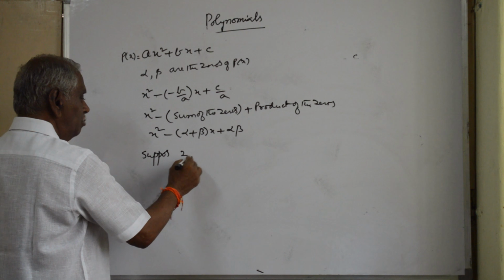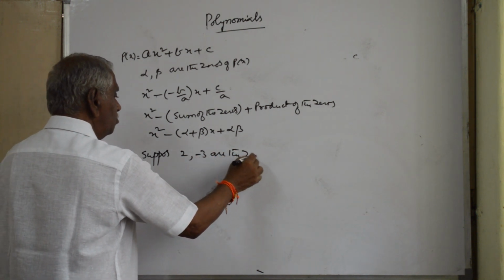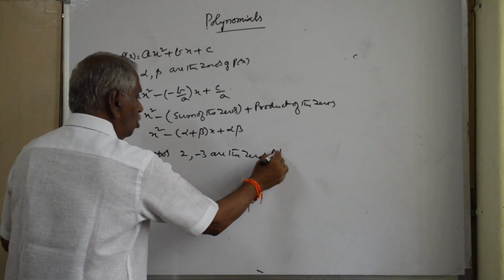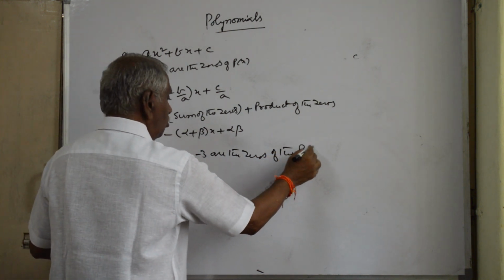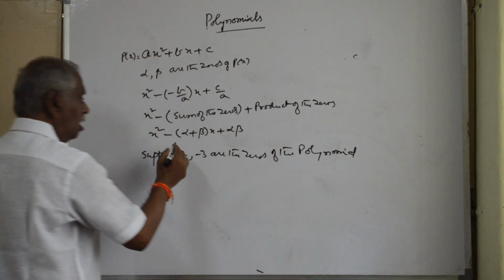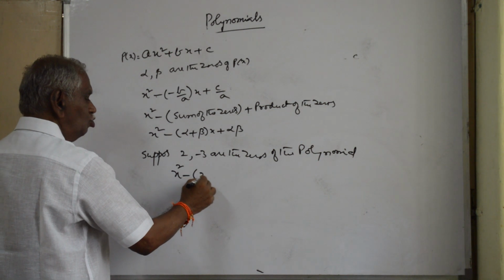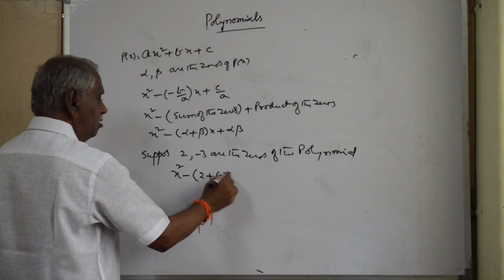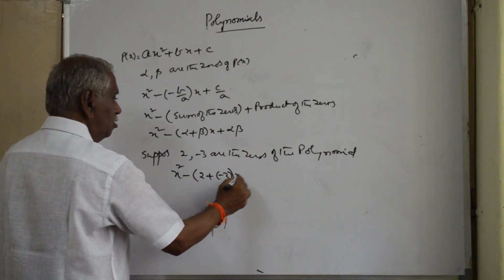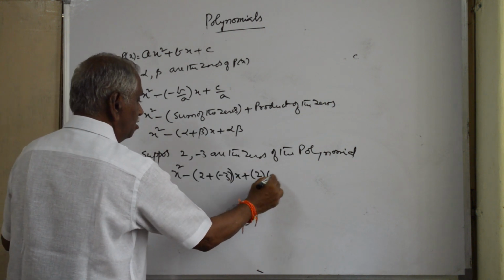Suppose you are given 2 and minus 3 as the zeros of the polynomial. We can write the polynomial as x square minus of 2 plus minus 3 into x plus alpha beta, which is 2 into minus 3.